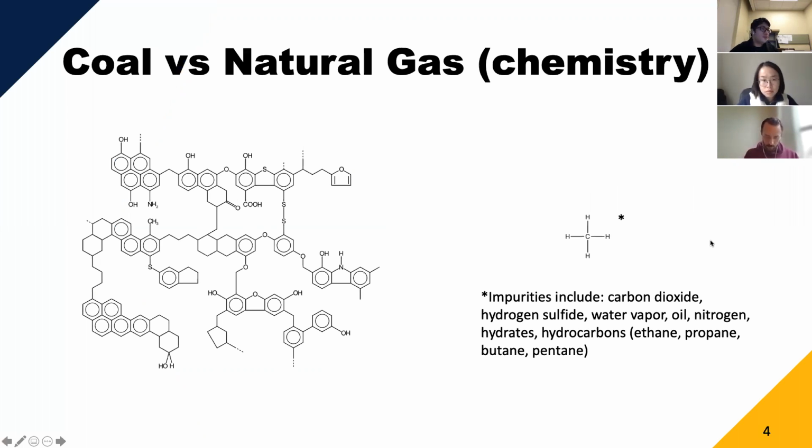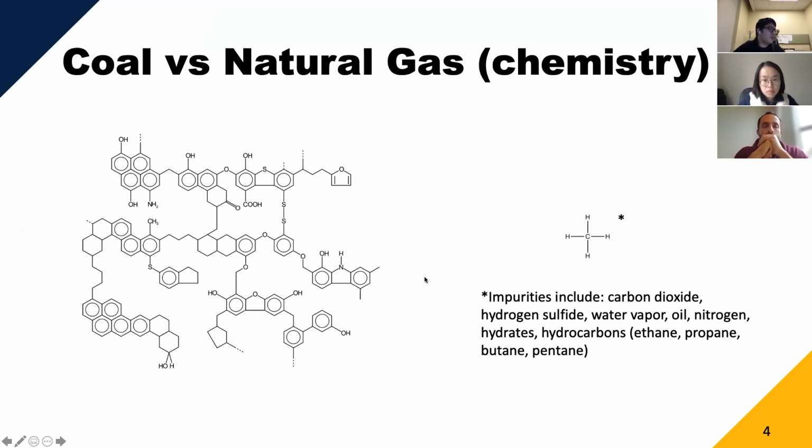Okay, so coal versus natural gas chemistry. The chemical compound on the left that you see is one example type of structure that you might find in coal. It is just these massive carbon chains and rings.